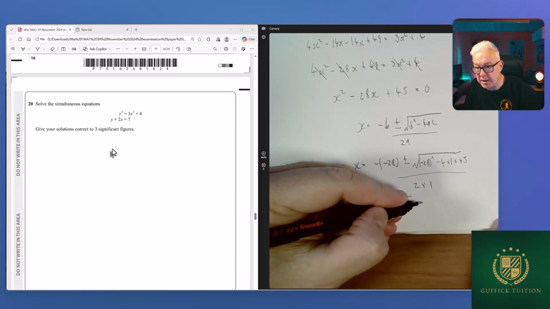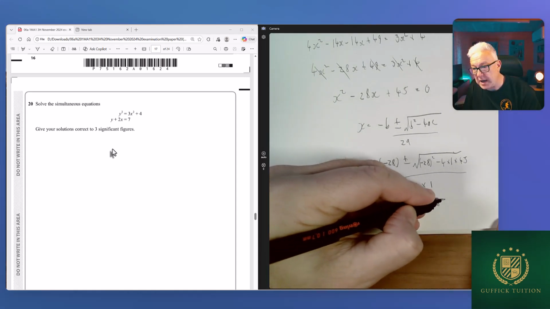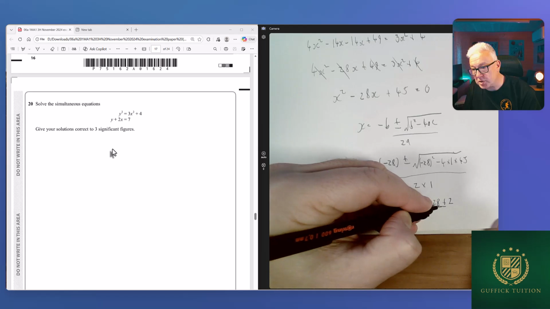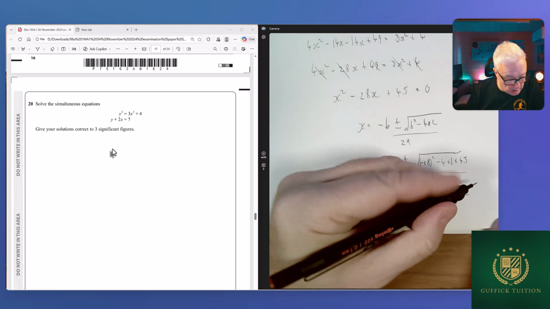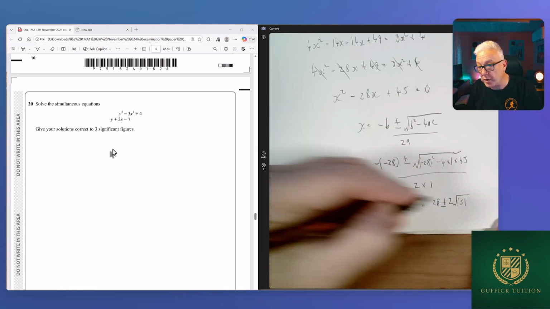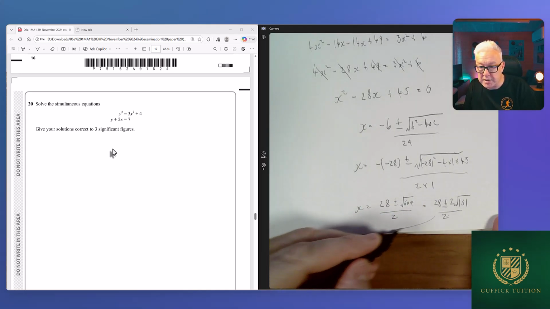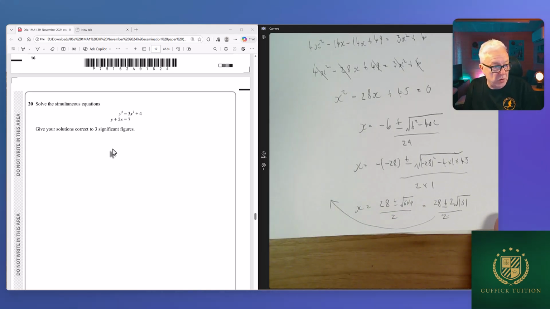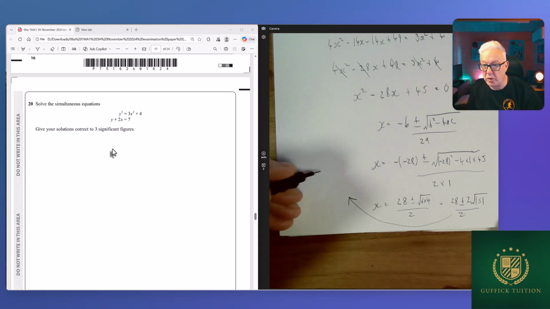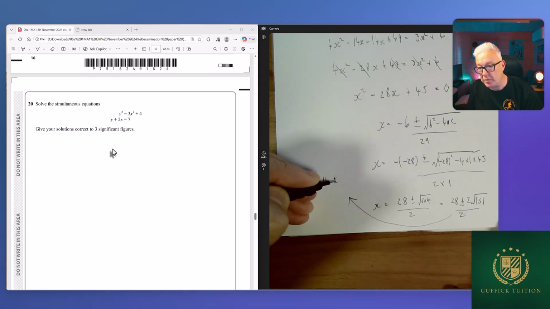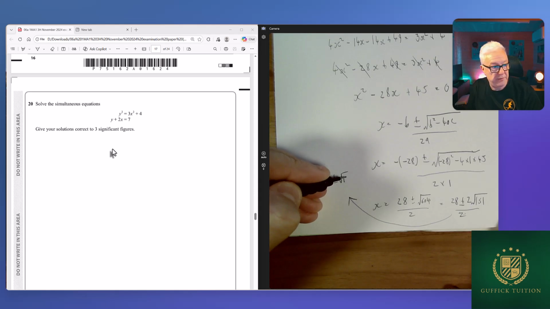So that is going to equal 28 plus or minus 2 root 151 all over 2. So we can halve that, and we can think of that as 14 plus or minus root 151. So x is equal to 14 plus or minus root 151.